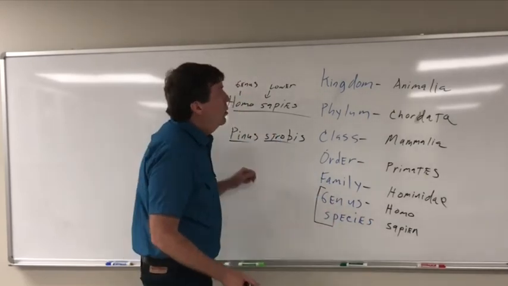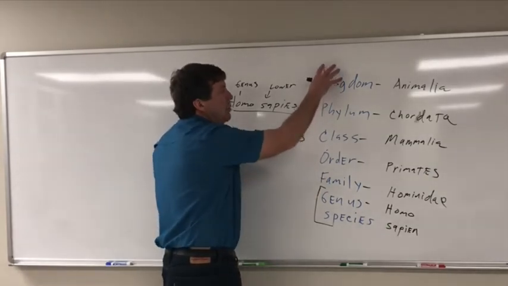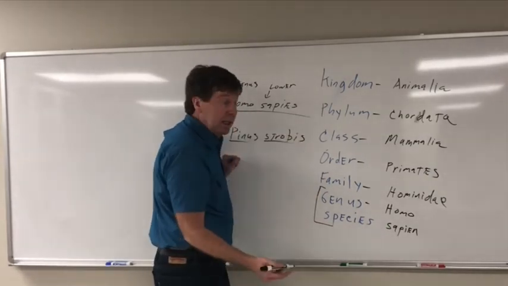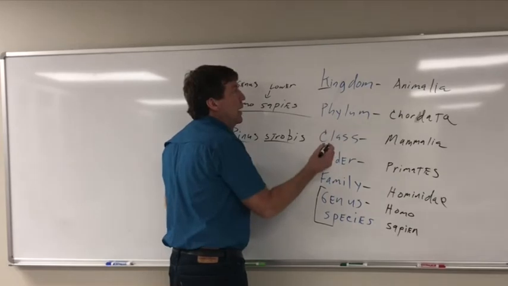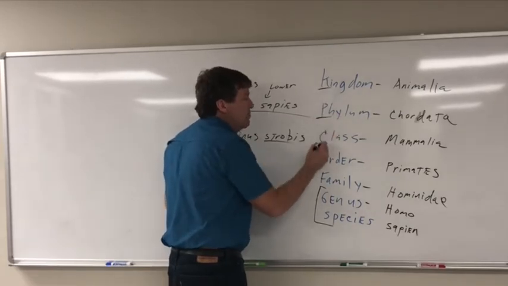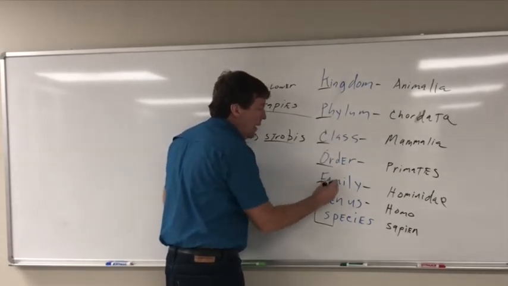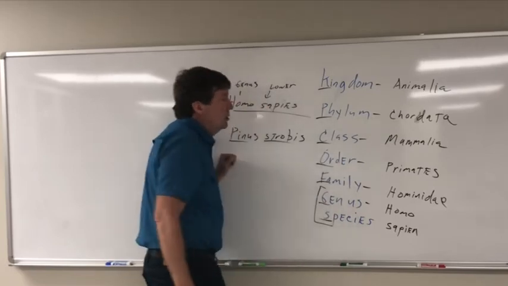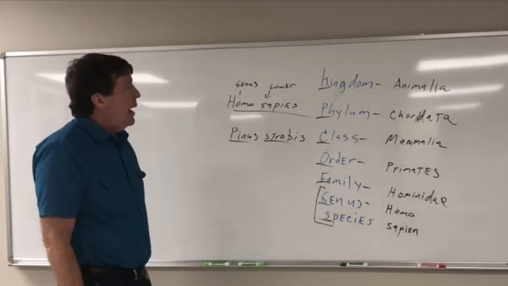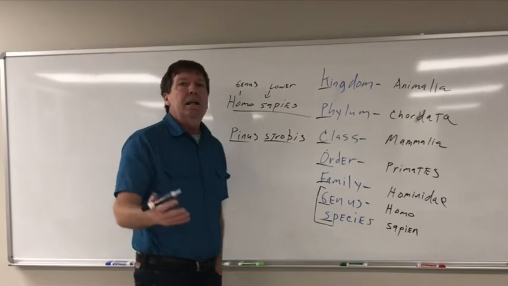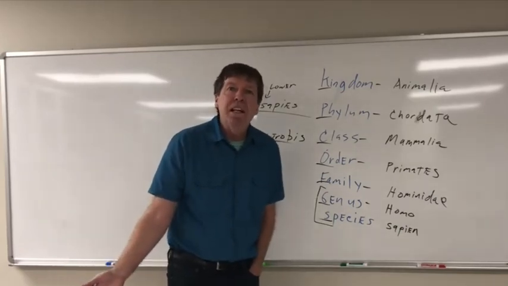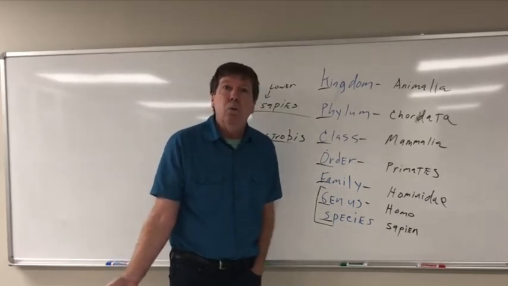So, notice here are the taxonomic categories, beginning with kingdoms. So let's underline K, P, C, O, F, G, S. And let's use a traditional sentence to help us remember the order of these words.